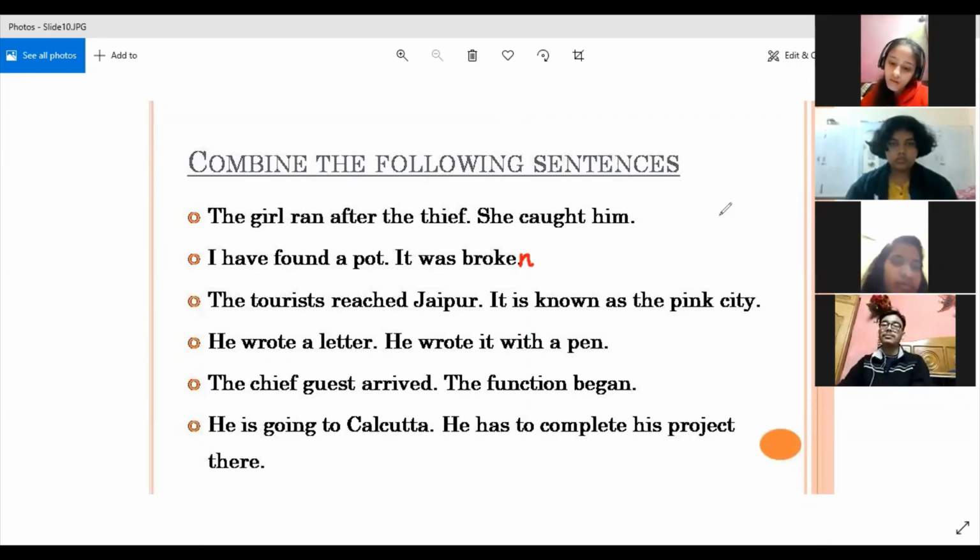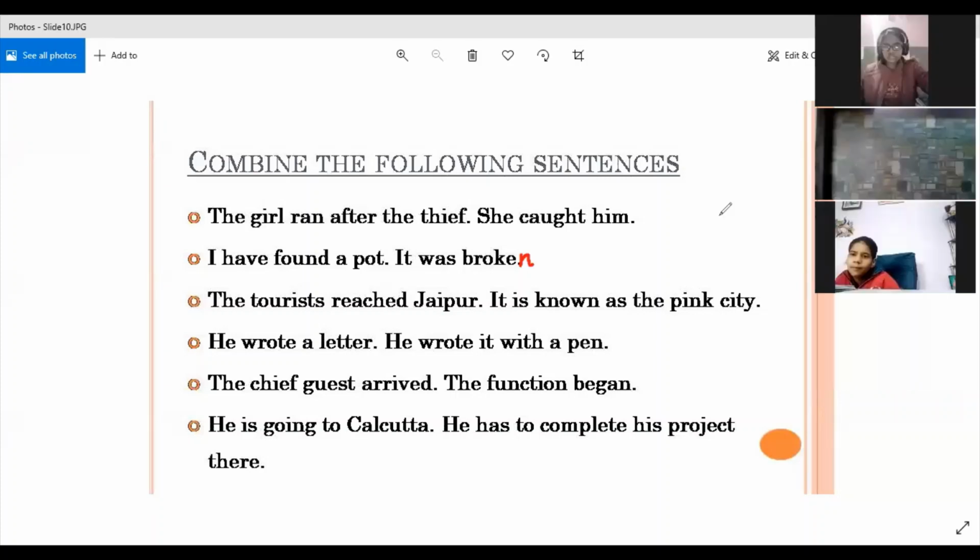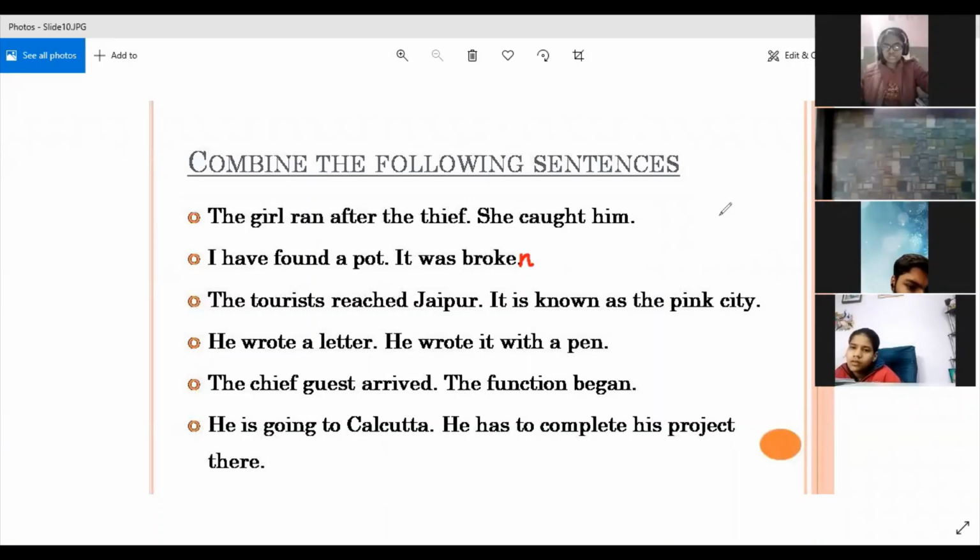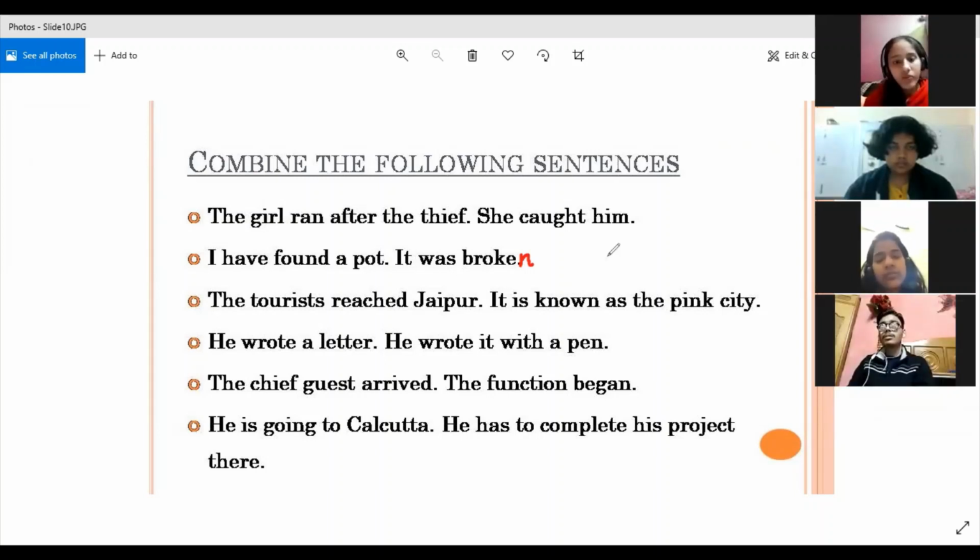Not a phrase, but a participle. Finding a pot, it was broken. You can use a past participle also. Okay, let me see. Akshita? Ma'am, I found a broken pot. Yes, I have found a broken pot. Okay, so here we are using past participle. I have found a broken pot.